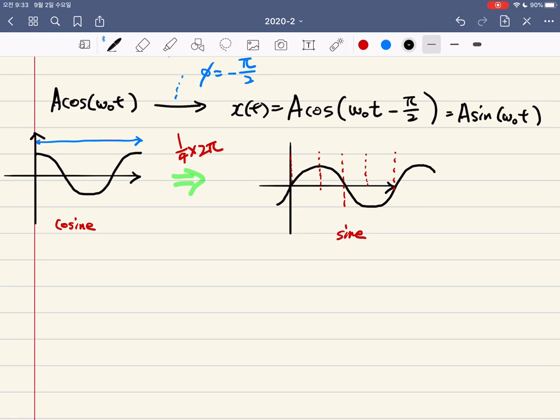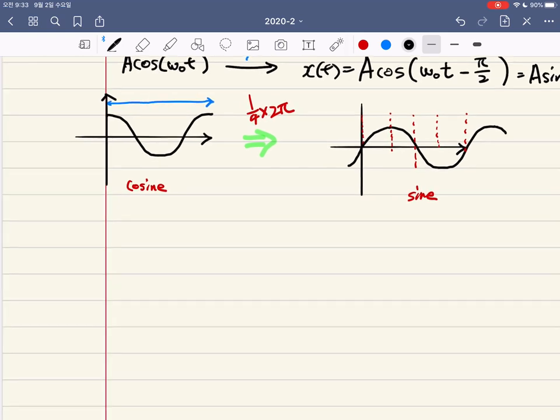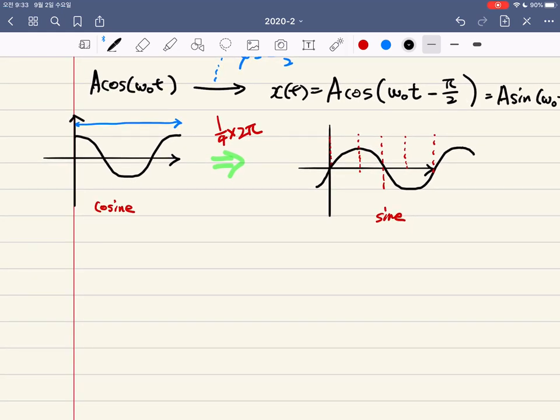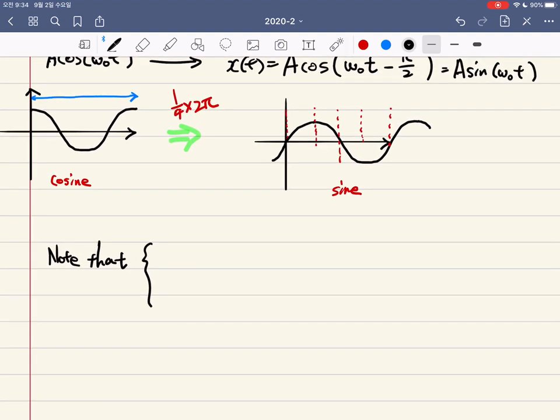And we can also prove this with a mathematical relationship about the cosine, only by using this equation. So please note that we have a relationship. I would like to introduce two of them.